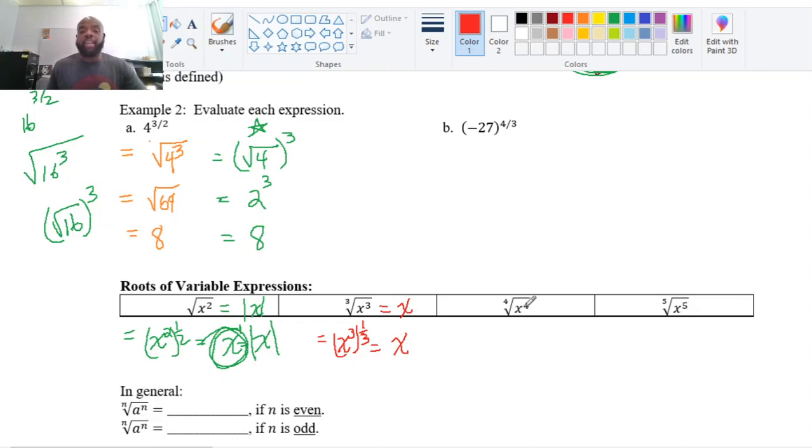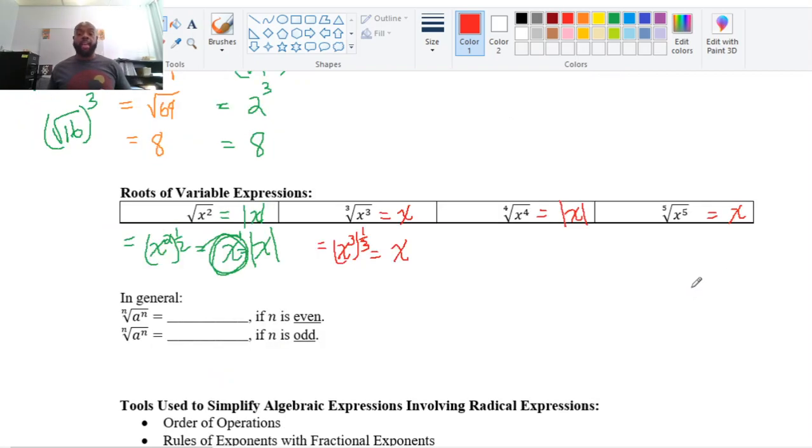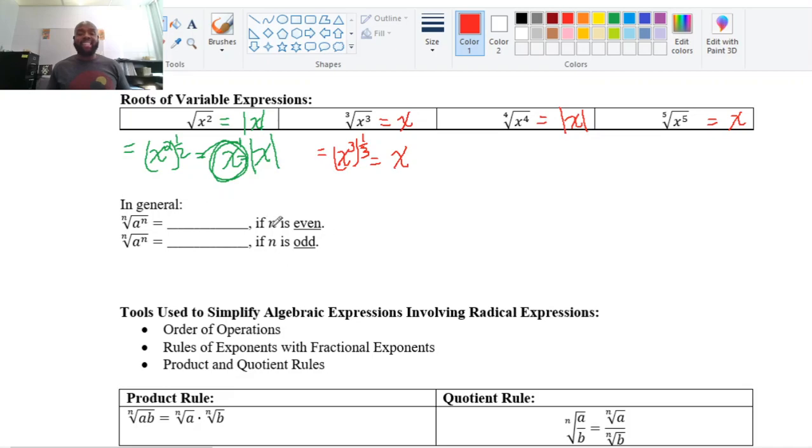The fourth root of x to the fourth power, again, like this even index here, this is going to equal the absolute value of x. And since this is odd, this is just going to equal x. And so to sum that up, if our index n is even, then the nth root of a to the n is absolute value of a.